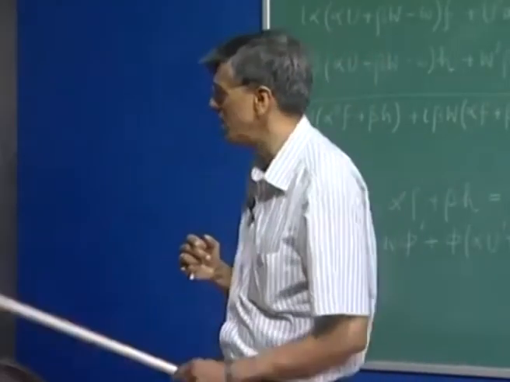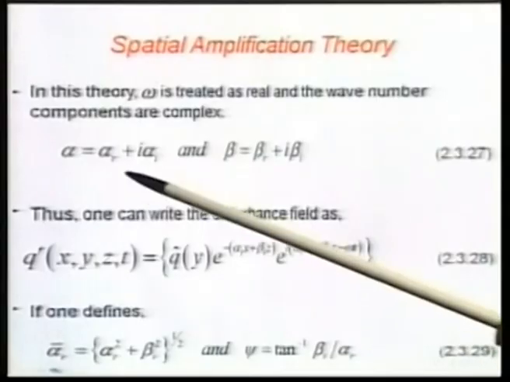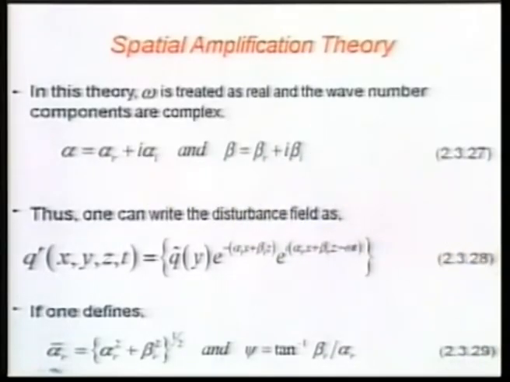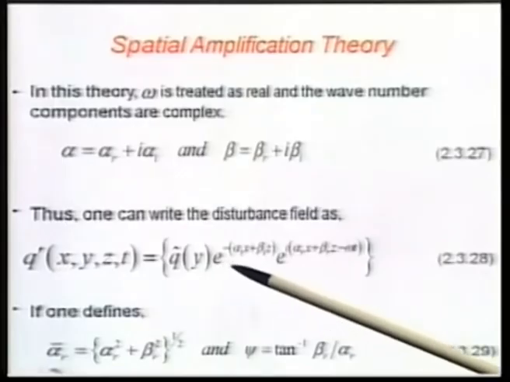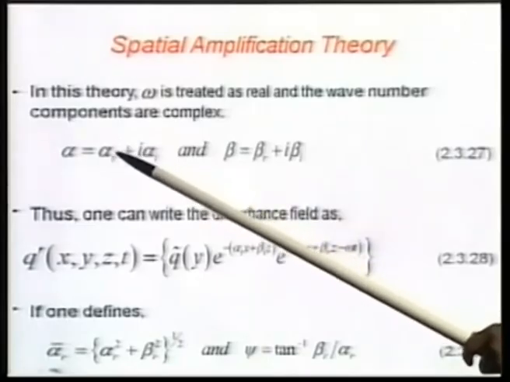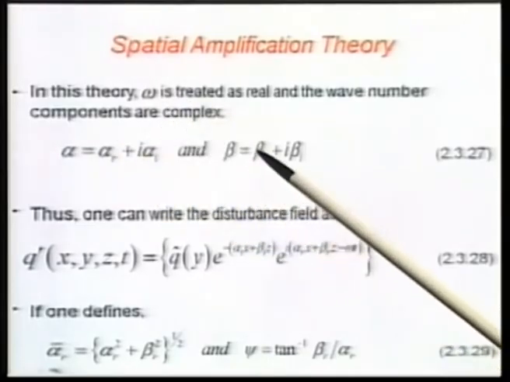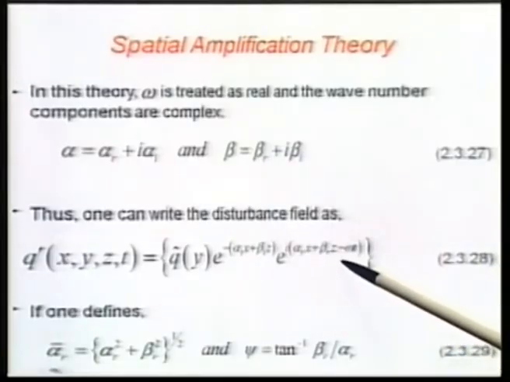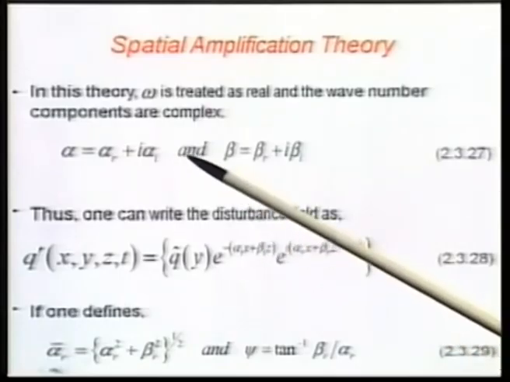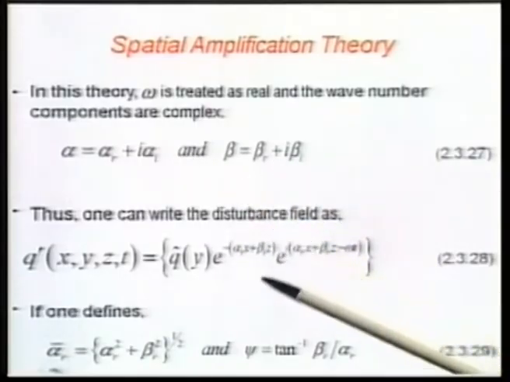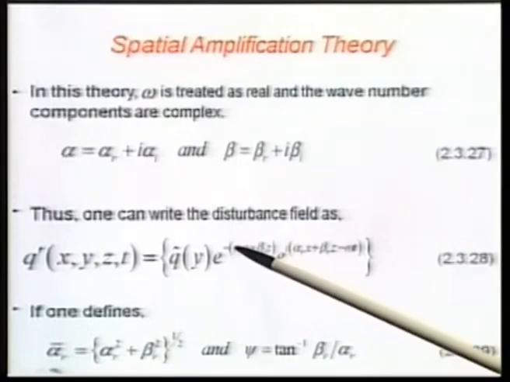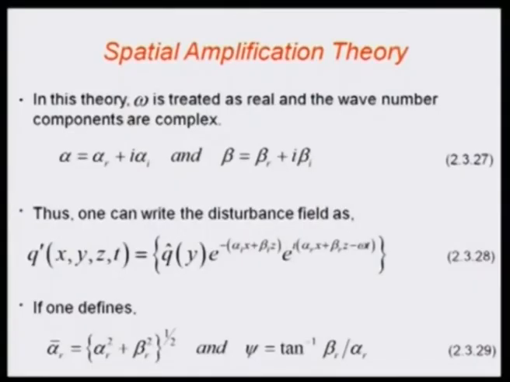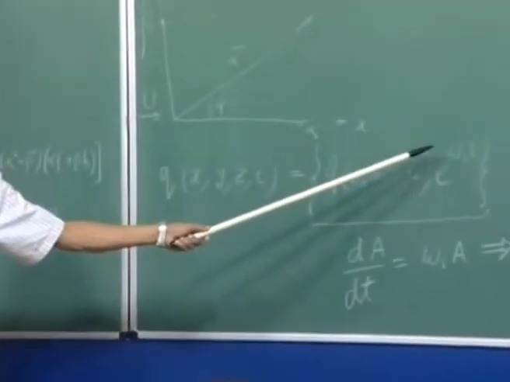Now, talking about spatial theory, let us consider alpha as this, beta as this, then the disturbance field as a function of space and time. We could write it like this. Now, you can see the real part of the wave number components gets together to define the phase of the problem. The imaginary part of alpha and beta brings out this factor, and please note that here it is with a minus sign, unlike in the temporal theory, where it was a plus sign.